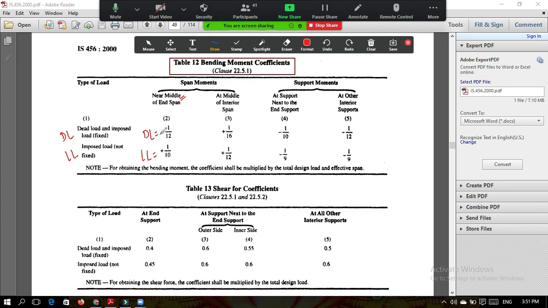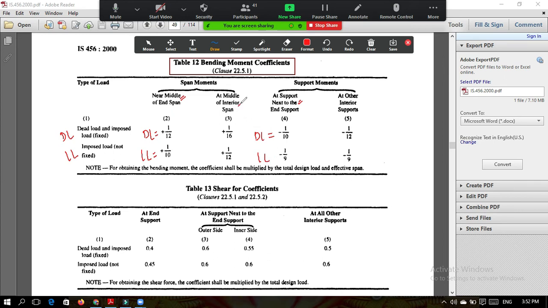That I have already shown you in that diagram. Then at the support next to end support, hogging moment will be there, so a negative sign is there for the coefficient. The dead load coefficient is minus 1 by 10 and live load is minus 1 by 10.